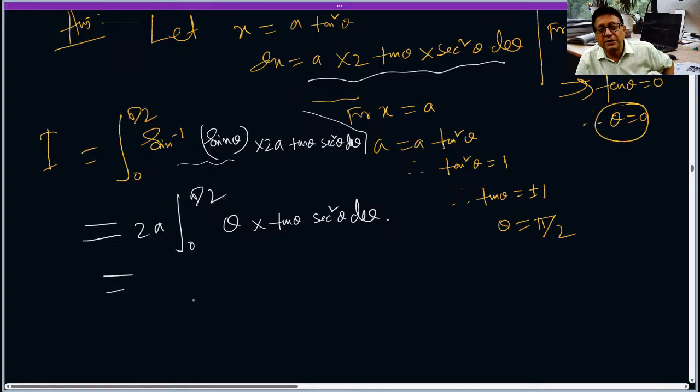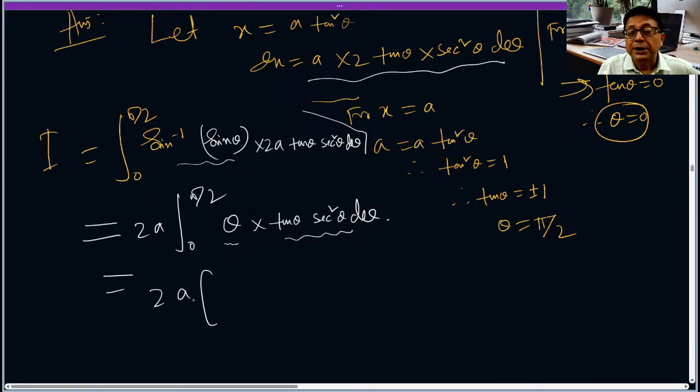Now what? See, definite integration is very easy, but if you are good in indefinite, this integration how to do? What is the method of getting this? This important board exam sum will use by parts, taking theta as first and this whole thing as second. I am doing step by step. 2a, you can do the indefinite part separately. This theta outside, tan theta into sec square theta, what is its integration?